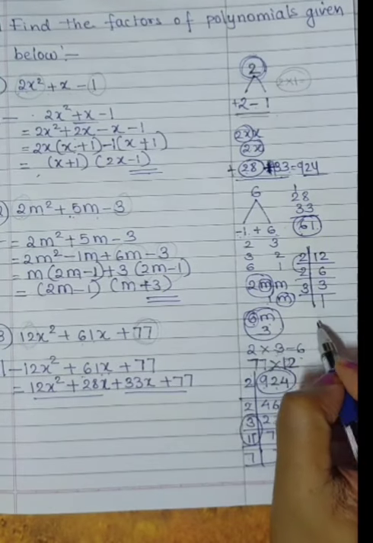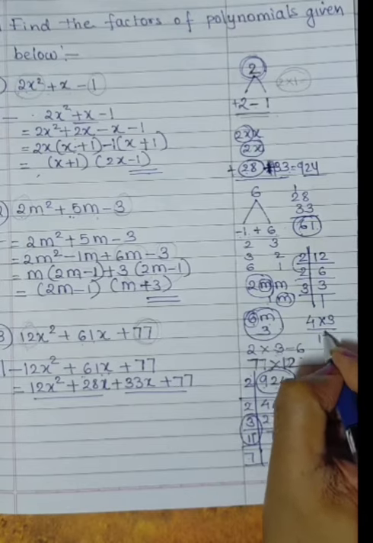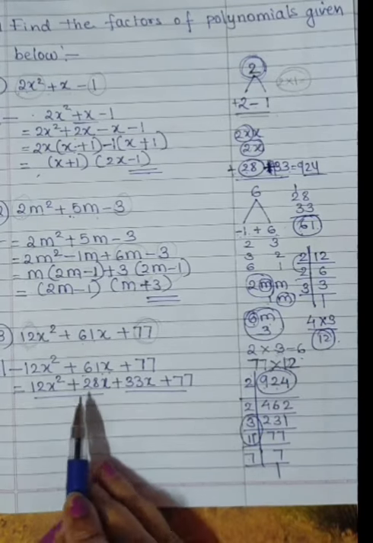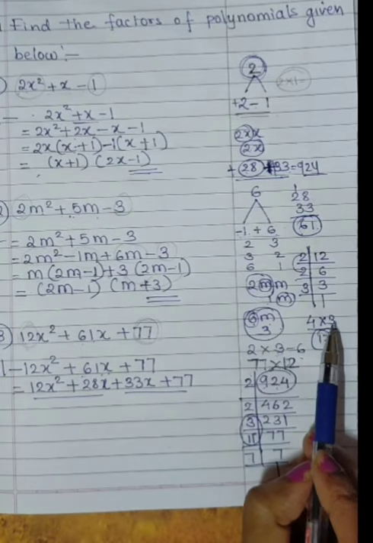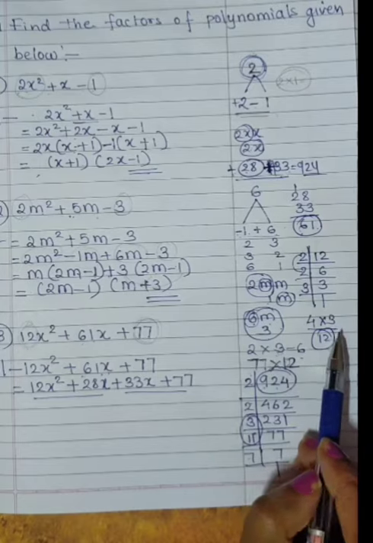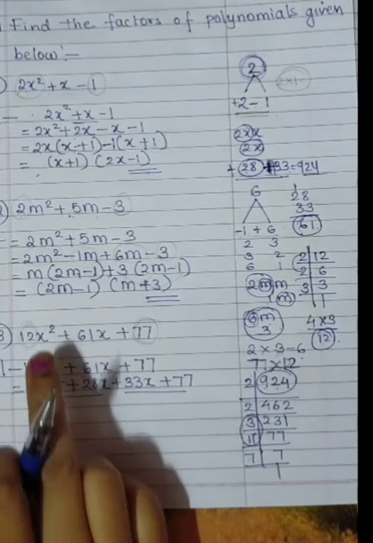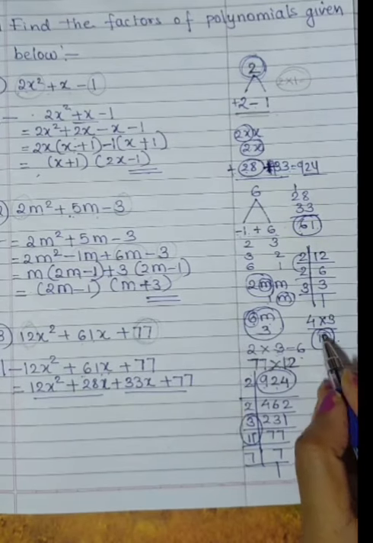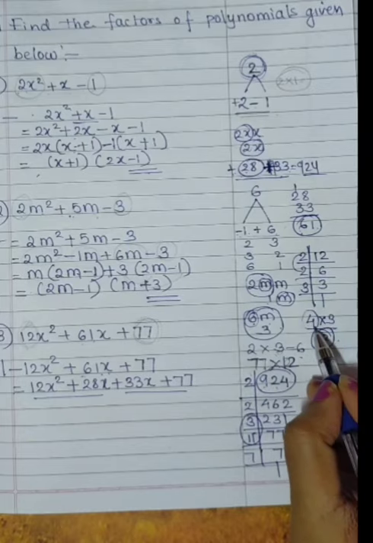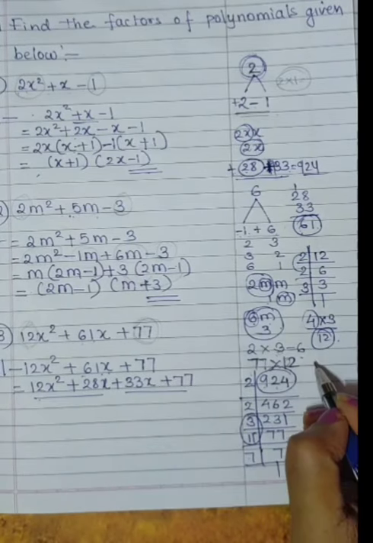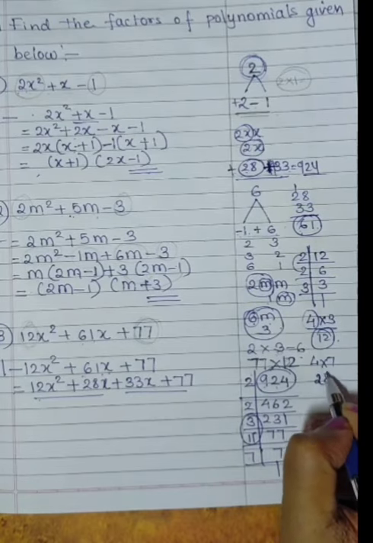We got 4 into 3 as 12. Now the next term given is 28, so we'll see if 28 comes in. If you see the 4 table, 4 3s is 12 and 4 7s are 28.